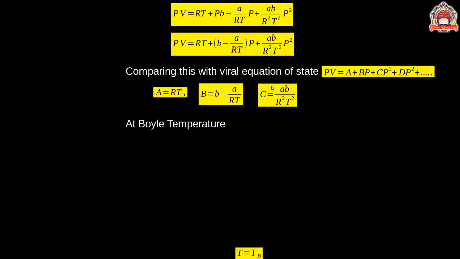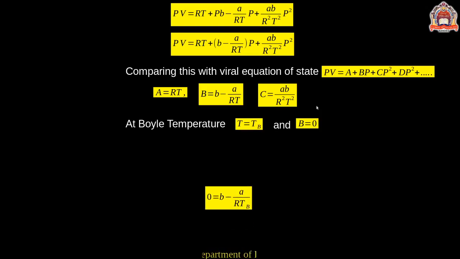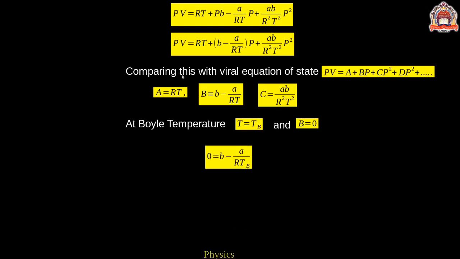At Boyle temperature, what happens? T is equal to TB. So all these T's are the Boyle temperature, and the virial coefficient B is equal to 0 we are taking. Then the term becomes 0, because B is equal to 0. Substitute it.